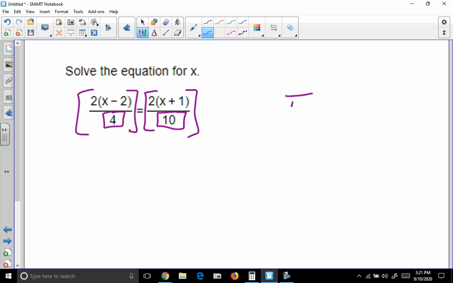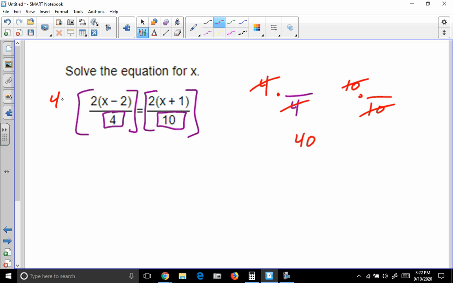So if you have a 4 on bottom, if we multiply both sides by 4, the 4's would go away. If we have a 10 on bottom, if we multiply both sides by 10, the 10's would go away. Well, if we multiply both sides by 4 and both sides by 10, we've really multiplied both sides by 40.